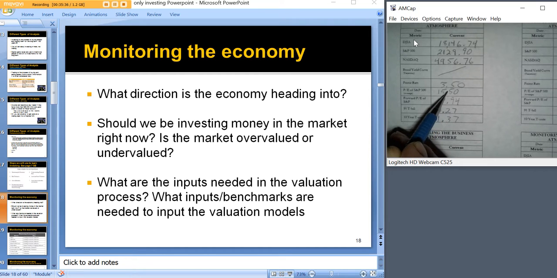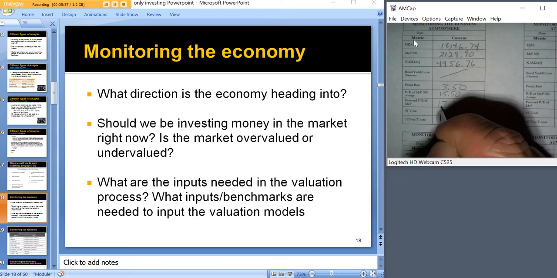Now, that's higher than this 15.5, which would suggest that right now the market is probably, or is expected to be, a little bit overvalued. Okay. Now, if this number was less than 15.5, then we would think that the market is maybe undervalued.